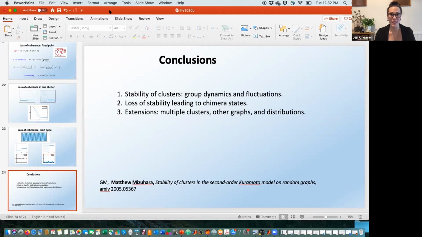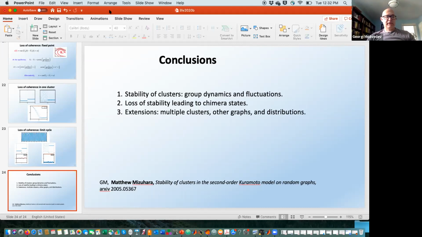And how would you expect the analysis to change when you have multiple clusters? Do you think there'll be a limit? Oh, that's a good question. The framework, the decomposition, doesn't change at all. This can all be done for multiple clusters. Let's say in general you have M clusters.